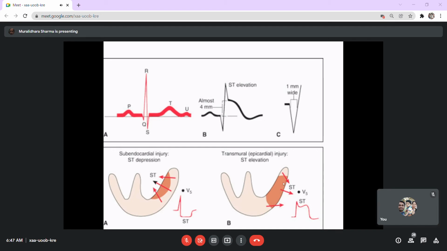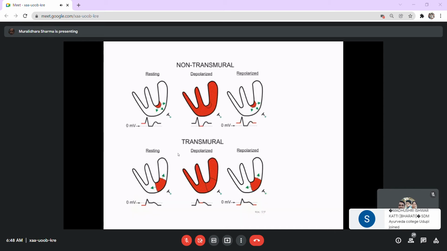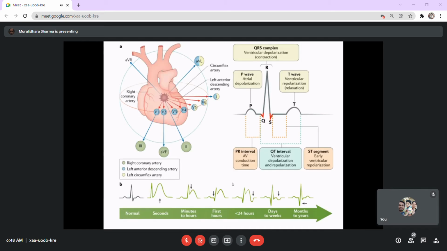When the lesion is on the exterior, the current conduction would be from within to the exterior. This becomes ST elevation. So ST elevation or depression depends upon the vector which is produced and the area where it is.